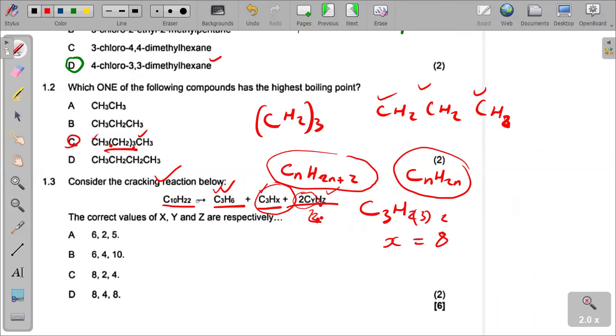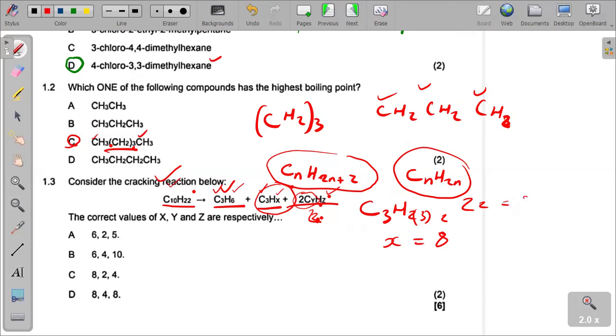And then Z is the remaining number of H atoms from 22. We need the same number of C atoms on the left-hand side as on the right-hand side, and the same number of H atoms on the left-hand side as on the right-hand side. So if there are 22 here, and we have already seen these are 6 and these are 8, then 22 minus 6 plus 8 leaves us with 8. So 2 times Z is equal to 8.